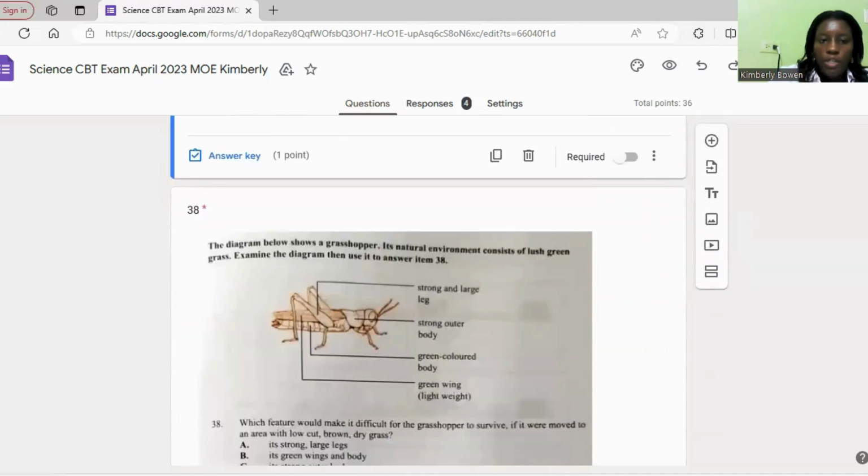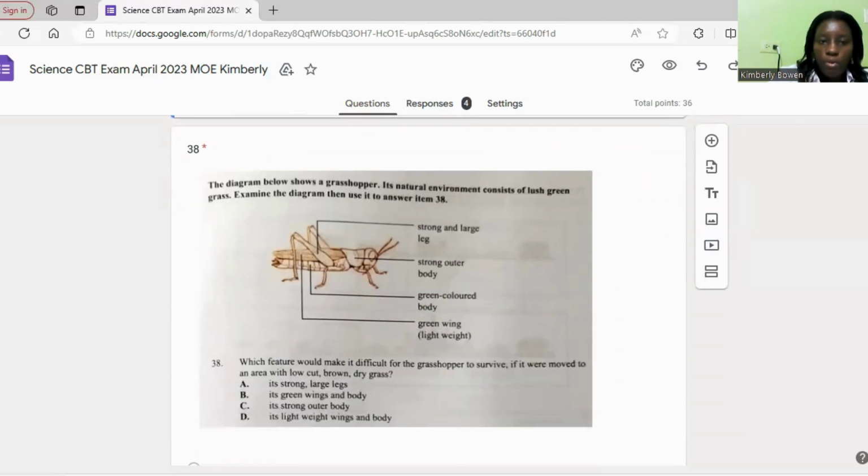All right, now let's look at the diagram below, which shows the grasshopper. Let's look at 38. Its natural environment consists of lush green grass. Examine the diagram, then use it to answer item 38.